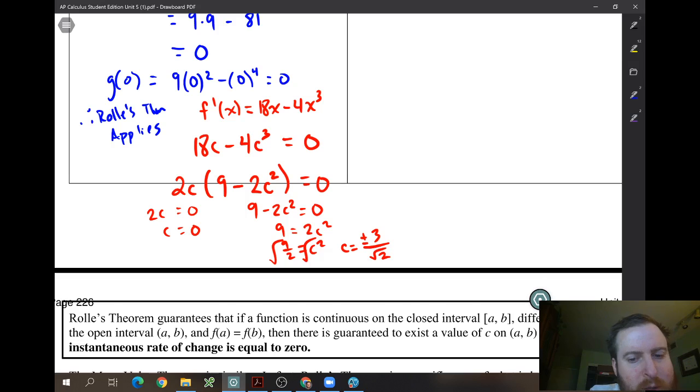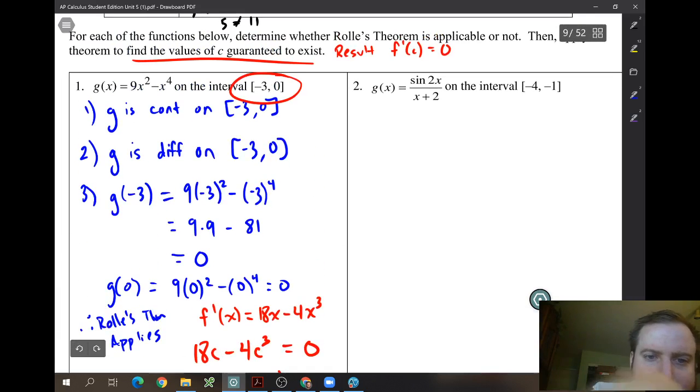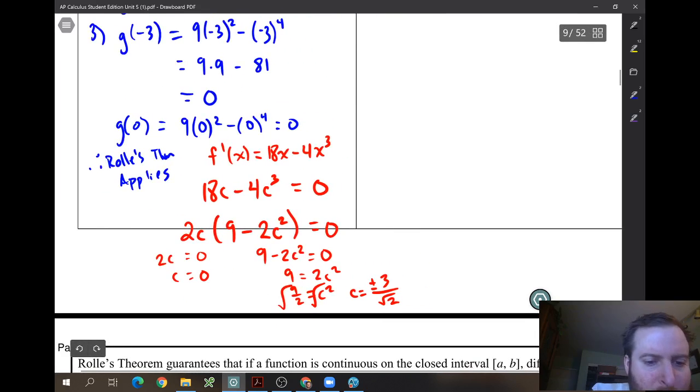Now, there's one last step. You're going to want to box all three of them, but you can't. The last step is that we actually have to go back and see which ones are in between -3 and 0. So 0 is an endpoint, it's not in between.